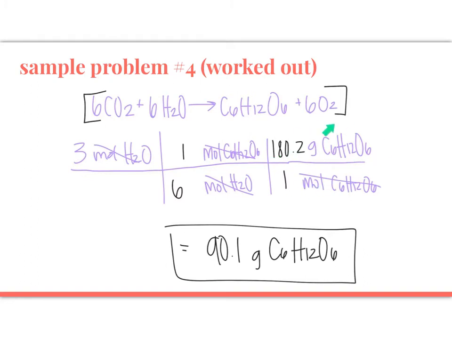And then over here, this number right here came from our molar mass. Remember how we find that using the handy-dandy periodic table? So I'll run over how to do this again.